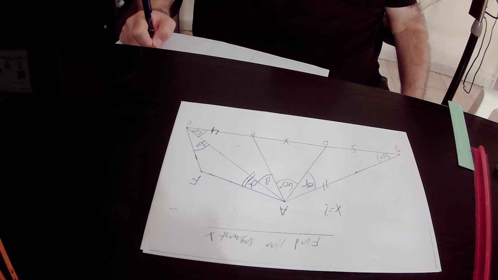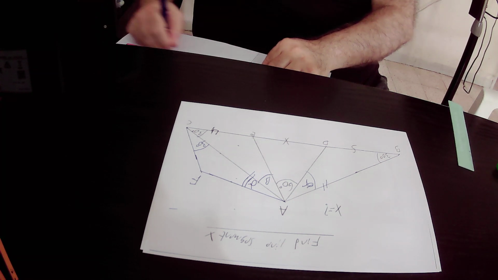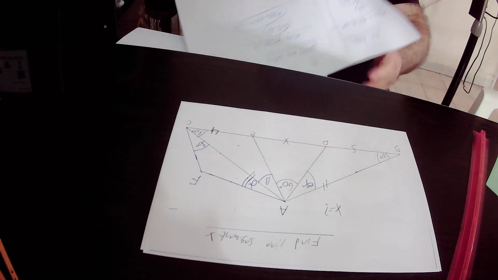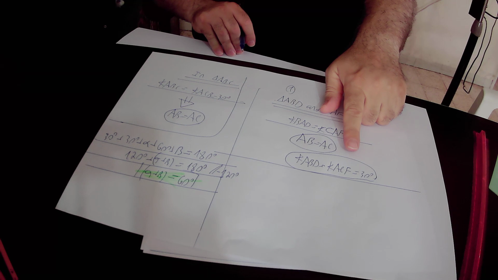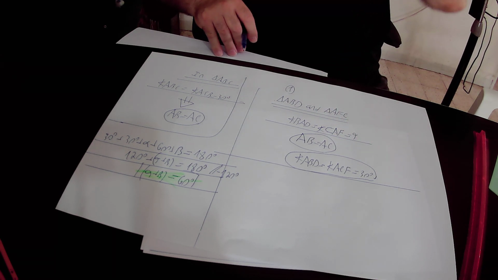Both angles are equal to 30 degrees, therefore they are equal to each other. I'll repeat again: angle ABD equals angle ACF. Both angles are equal to 30 degrees, therefore they are equal to each other.